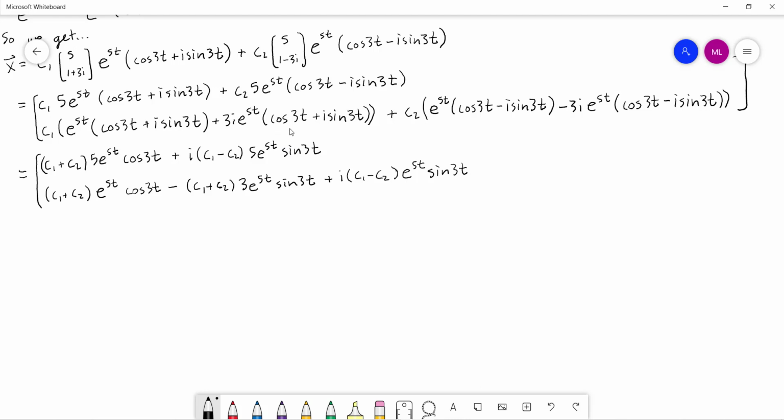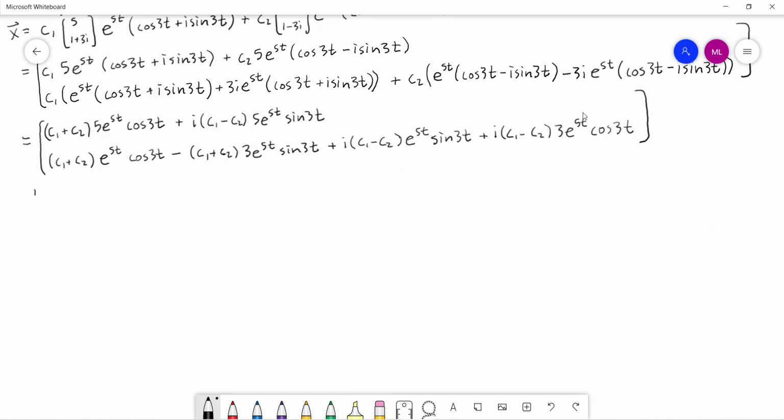And now the last ones are this term and this term, which are imaginary due to the i's sitting right there and right there. So that last piece will be plus i times C1 minus C2 times 3e to the 5t cosine of 3t. So I've condensed it a little bit.